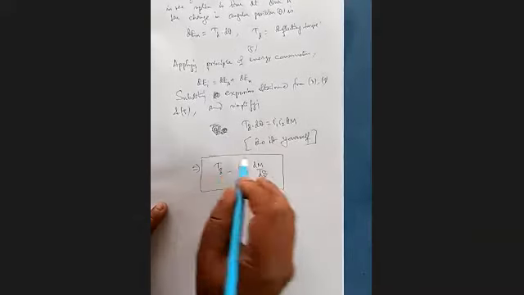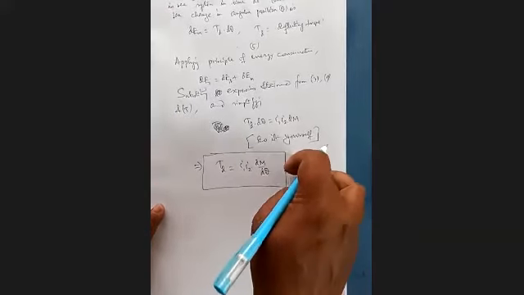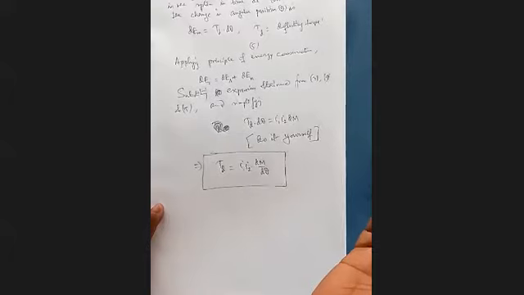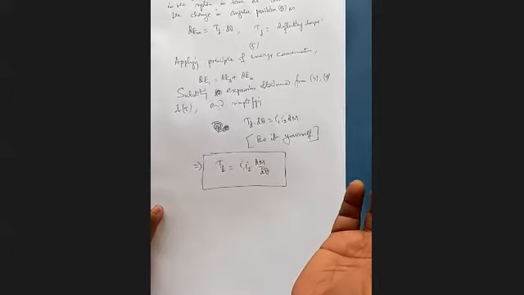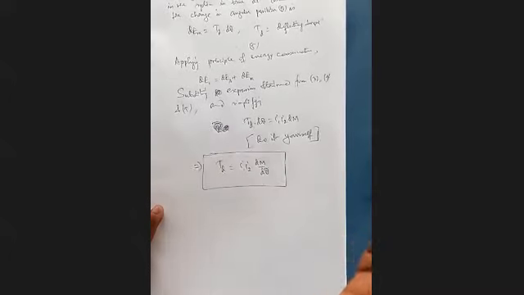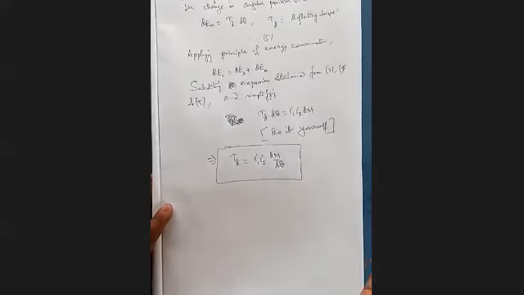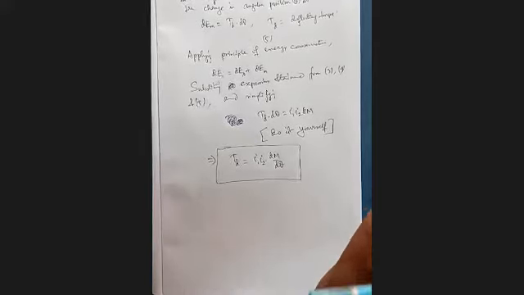That is the expression of deflecting torque for that type of instrument, where dM/d theta is the rate of change of mutual inductance with respect to the angular deflection of the instrument, and I1 and I2 are the two coil currents. Clear? Any questions so far? No. So that is the operating principle.